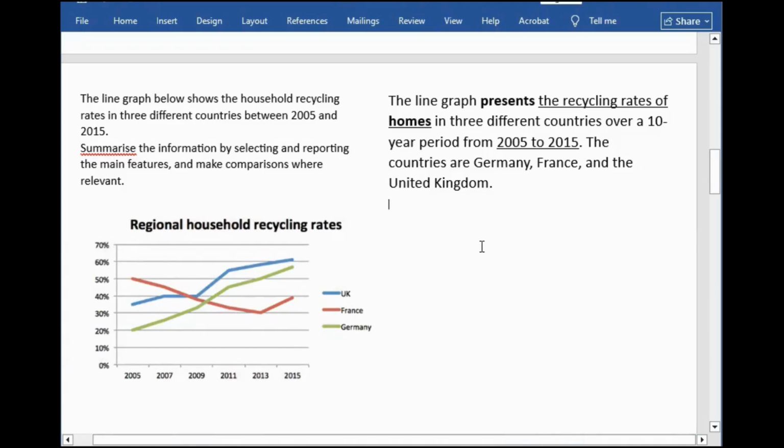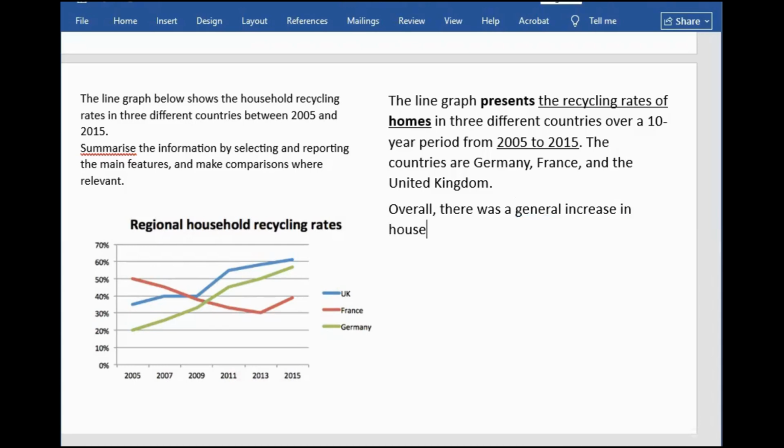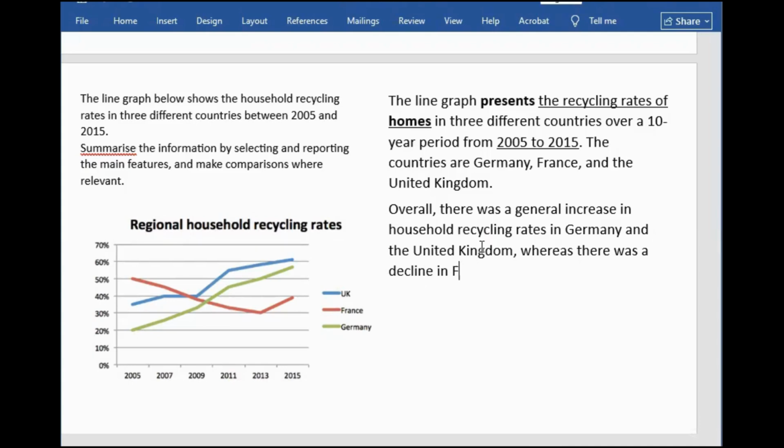So I'll say that overall, there was a general increase in household recycling rates in Germany and the United Kingdom, whereas there was a decline in that of France. That's my overview for this particular line graph. Okay?